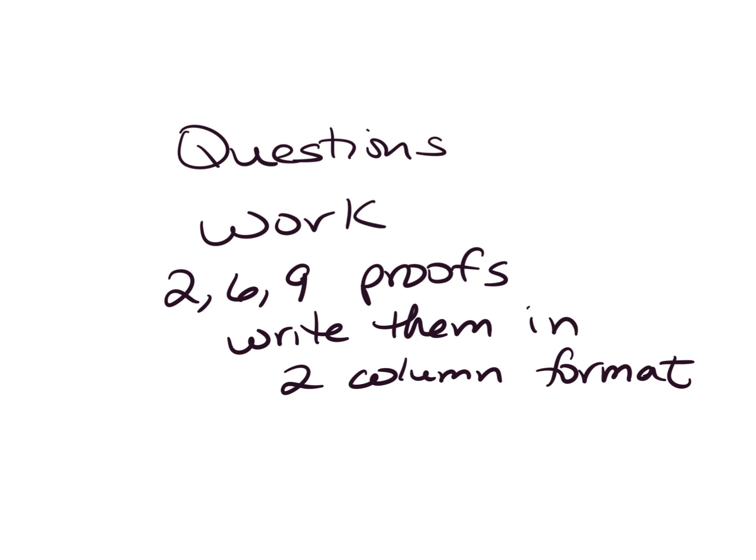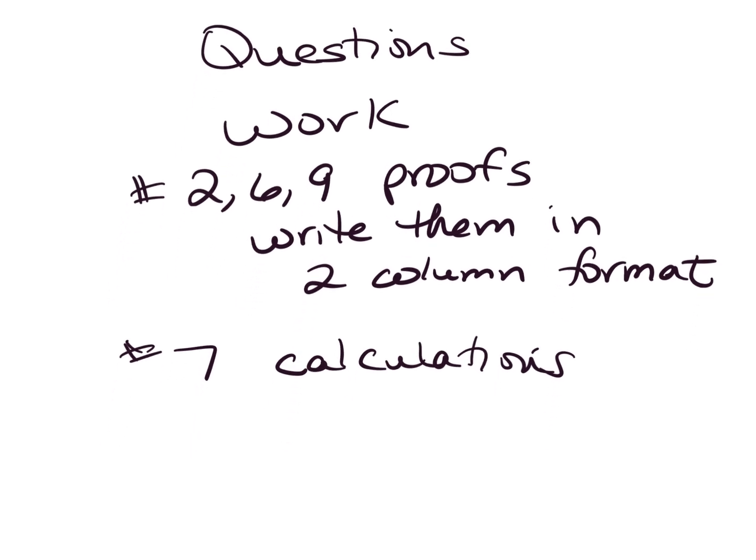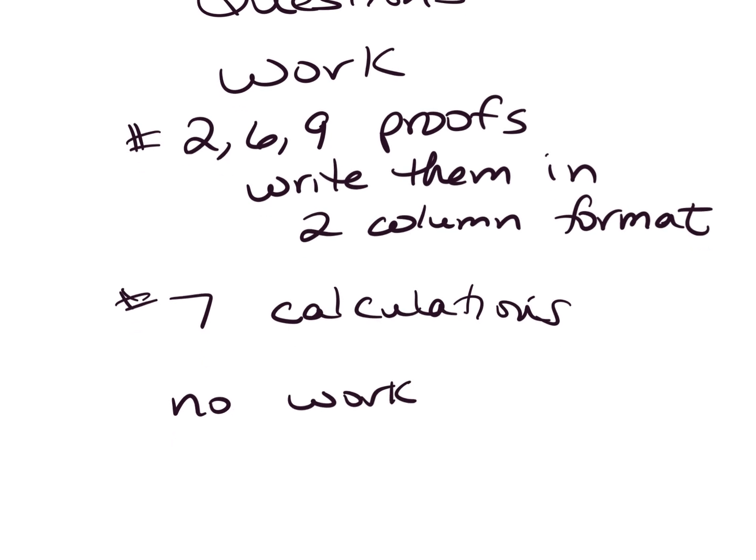And then number 7, this one is just show me the calculations. And then the other ones, there's only 10 questions in the homework tonight, so no work will be necessary for numbers 1, 3, 4, 5, 8, and 10.